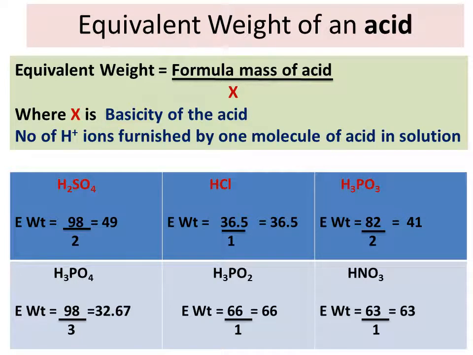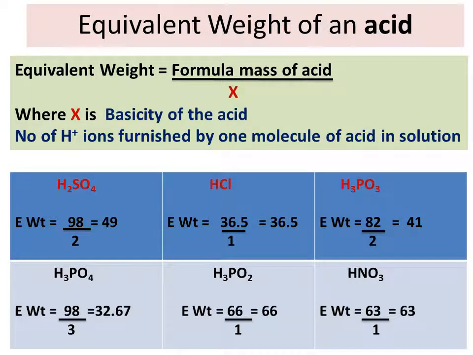So in case of H3PO3, although in the formula you can see H3, there are 3 hydrogens, the number of hydrogen ions it gives in solution is only 2. We will see that later. So in this case, formula weight is 82, number of hydrogen ions furnished by this molecule is 2, so it comes out to be 82 upon 2, that is 41.